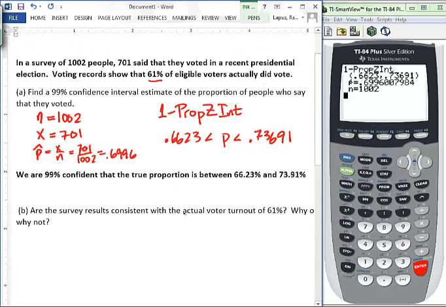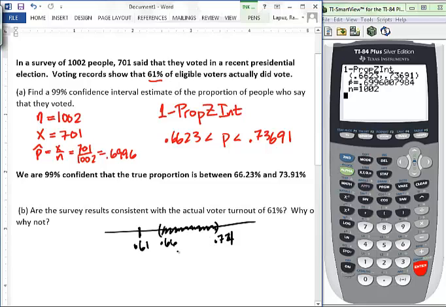If we take a look at a number line of percentages and we see our confidence interval at 66% or 0.66 and 0.73 or 74, and we're saying that the true proportion lies somewhere in here. 61%, our actual voting records is 61%, and our confidence interval didn't seem to have caught that.